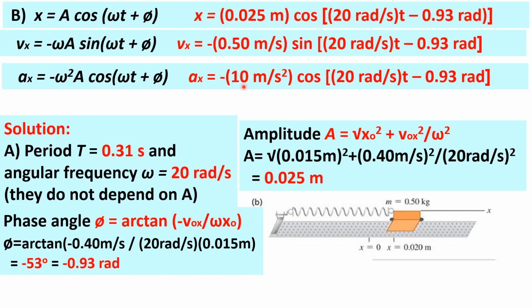You can check that out, I leave that to you, how we got 10 meters per second squared. Then multiply that by the cosine of 20 rad per second multiplied by any value of time t, minus the phase angle 0.93 rad.